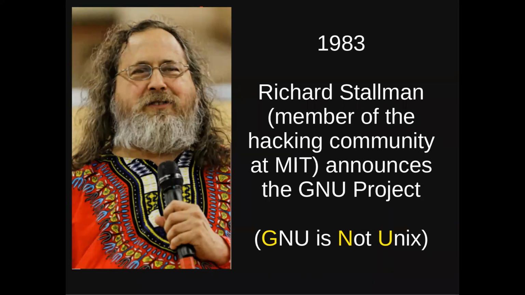So GNU is not Unix is an example of recursive humor, because you ask, what is GNU? And it just tells you GNU is not Unix. If you're not a computer scientist, it's probably not that amusing.